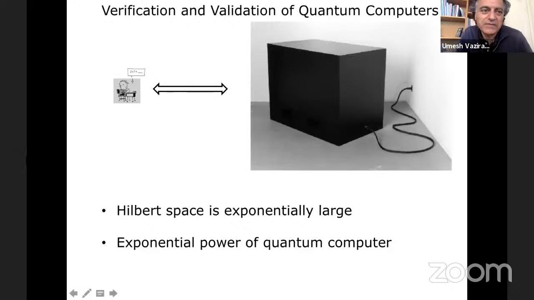Let me start by first saying, at an intuitive level, what the main difficulty is when you're trying to verify or validate a quantum computer. The problem we have is that our access to this quantum computer is relatively small. Hilbert space is exponentially large, and the quantum computer could be exponentially powerful compared to us as classical verifiers.